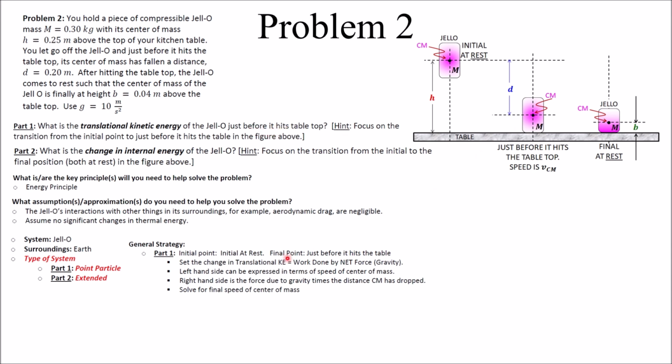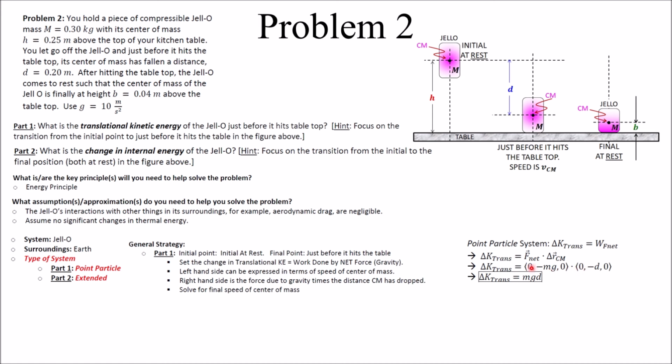We are going to set the change in translational kinetic energy equal to the work done by the net force, which is really just gravity. It's very similar to the last problem, and it's basically the work-kinetic energy theorem. So we'll have the change in translational kinetic energy equal to F net times the distance that it was moving.